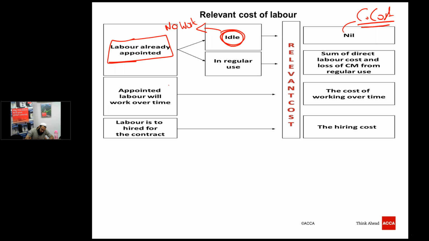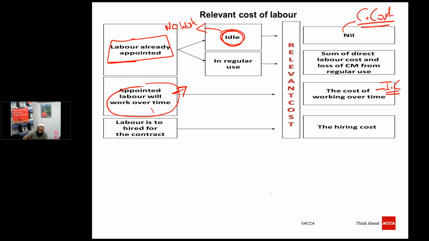Okay? But if labor is busy, the other option you have is that labor is busy. If labor is busy, and you ask the labor to work overtime on the one-off contract, then whatever he is paid for overtime on the one-off contract will be the relevant cost, and this is incremental cost.